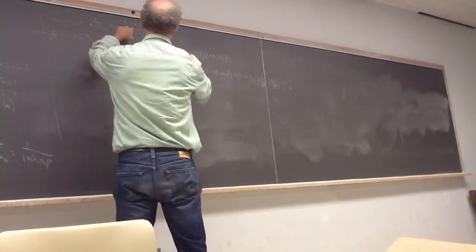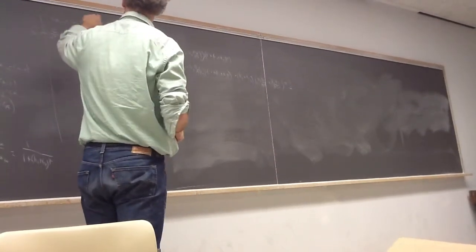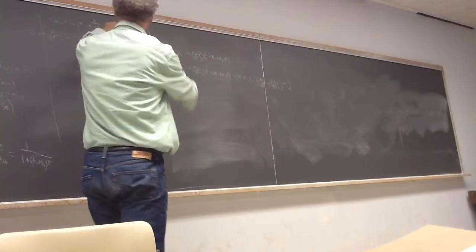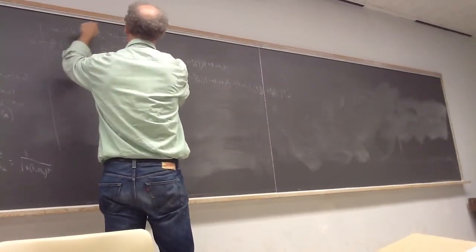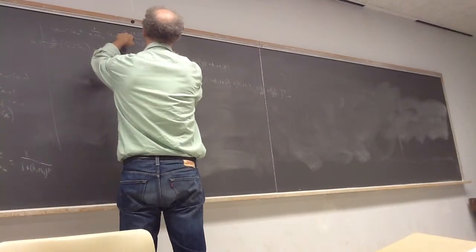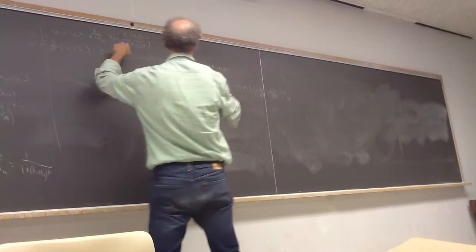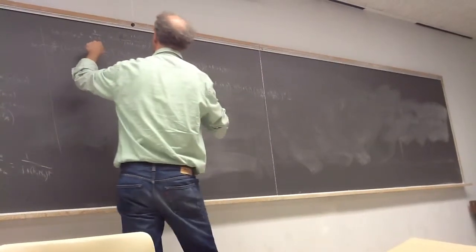Plus this times the derivative of this times this. Plus this times the derivative of this. Times the denominator. The denominator also has K1 plus K2.